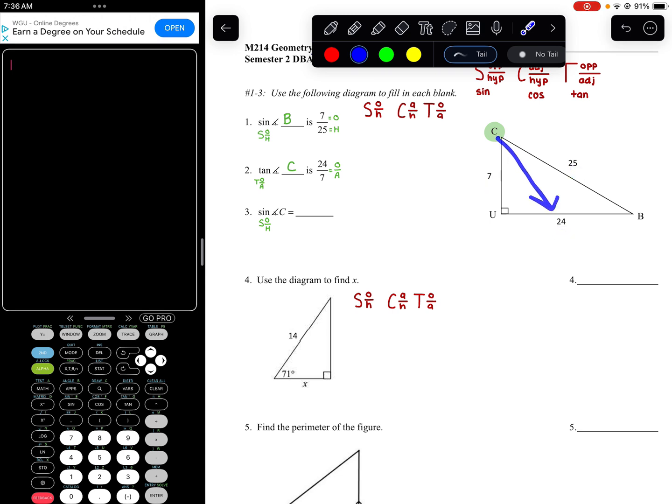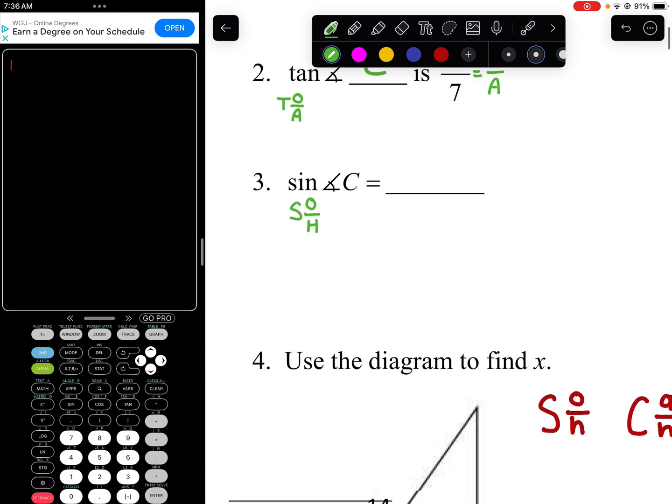Opposite from or going away from C is 24, because I'm figuring out my O. Now I have to figure out my H. Your hypotenuse is always across from the right angle, which is why we label 25 as H. So we are making a fraction with O over H: your opposite side has a length of 24, and your hypotenuse is 25.